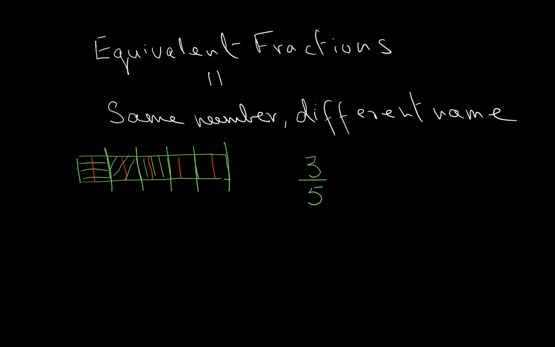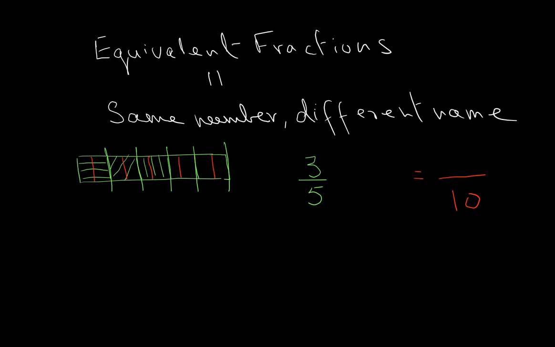So each one of the 5 pieces has been broken up into 2 pieces. So how many pieces are there? Now there are really 10 pieces, right? The red pieces are now 10, because each one of the 5 pieces has been broken up into 2 pieces.